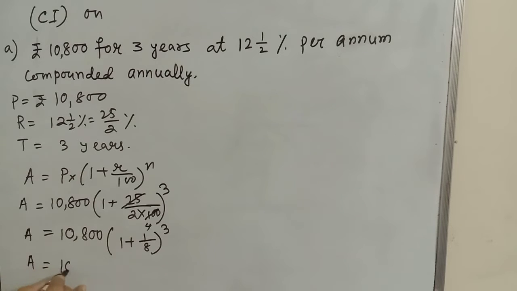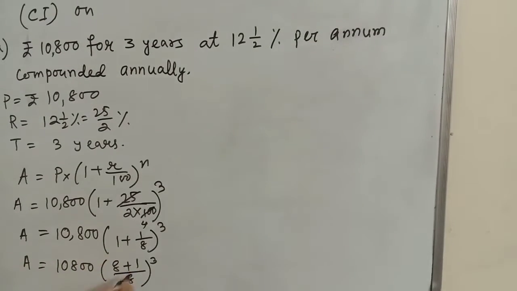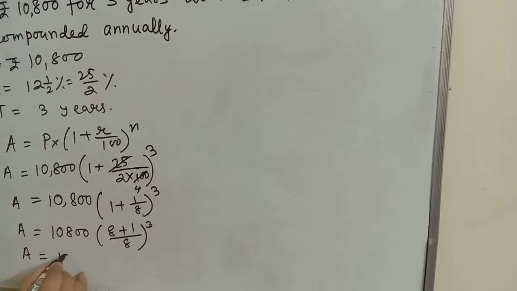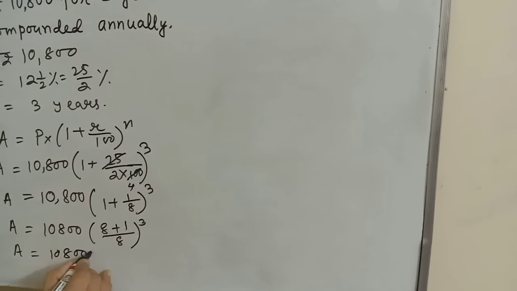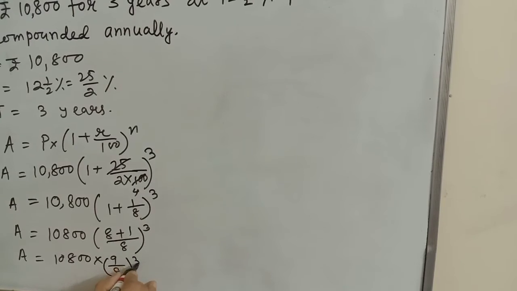Amount is equal to 10,800 into 8 plus 1 by 8 whole to the power 3. Simplify it, fractional addition. Amount is equal to 10,800 into 9 by 8 whole to the power 3.